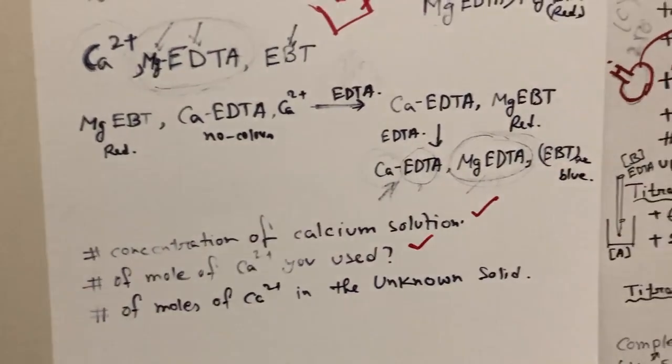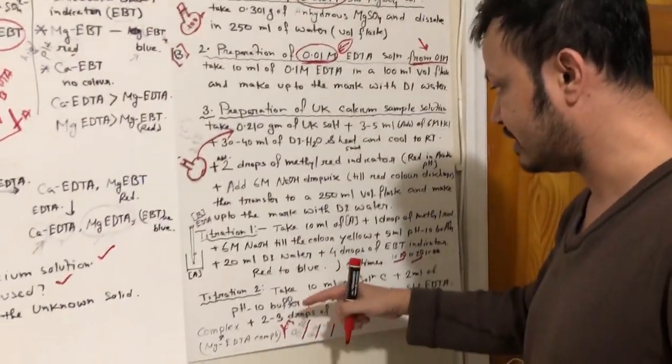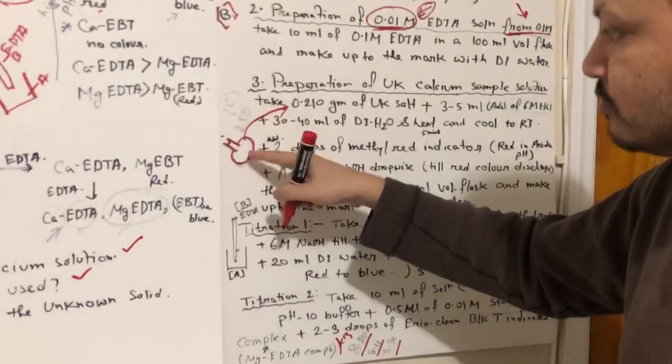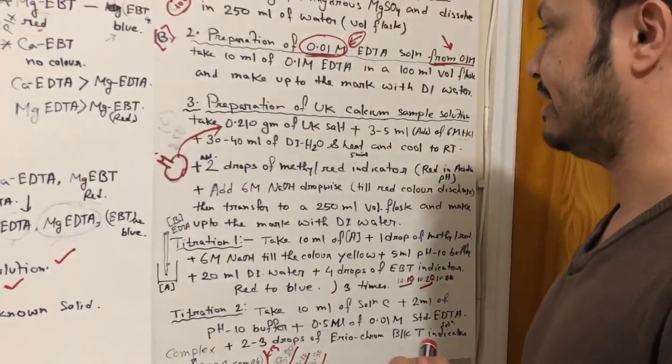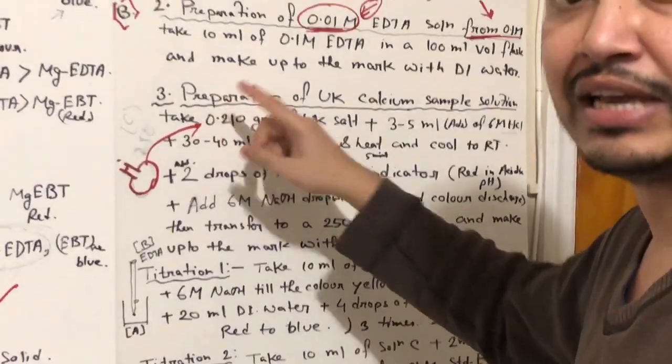From there you have to multiply by 25 to find out the number of moles in 250 ml. If you get the number of moles in 250 ml and you know the mass, but this mass is actually a salt mass.